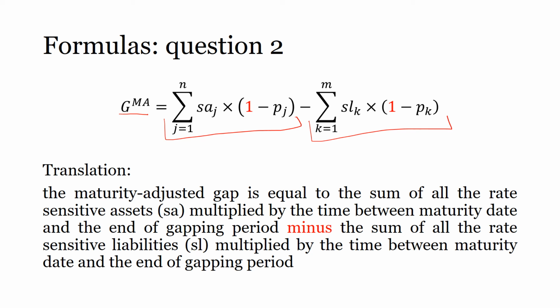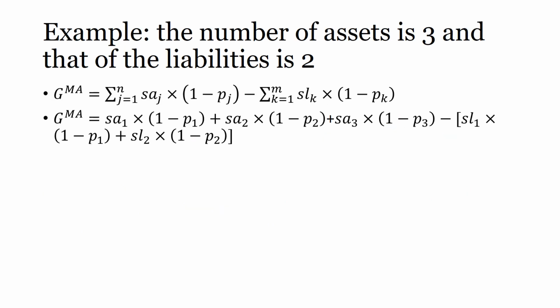Now, where do you see the end of gapping period? Well, I've highlighted in red the number 1, because it means 1 year. So this means that this formula is in years, but every data in the table is in days. So you will have to make some adjustment to this formula before you use it. But we'll come to that later.